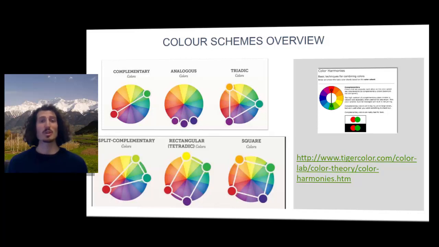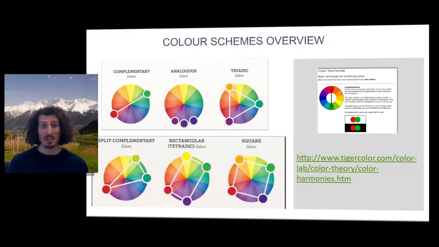Similarly, you could also do it based on analogous colors. Again, coming back to nature, when you look at a forest, often there's different shades of green that are all found together. And perhaps for this reason, humans can find a palette that's made of analogous colors to be very pleasing to the eye. Another approach is the triadic palette, where you take 3 different colors that are evenly spaced out around the wheel.